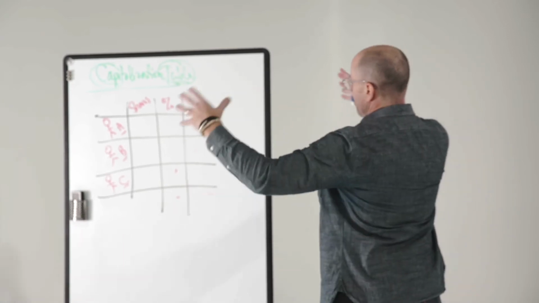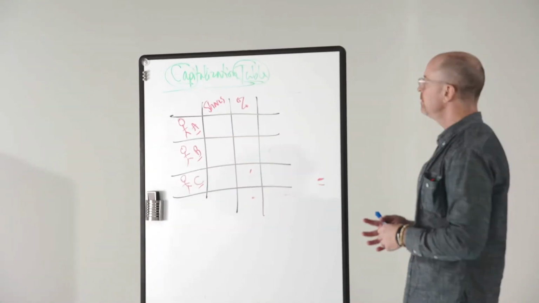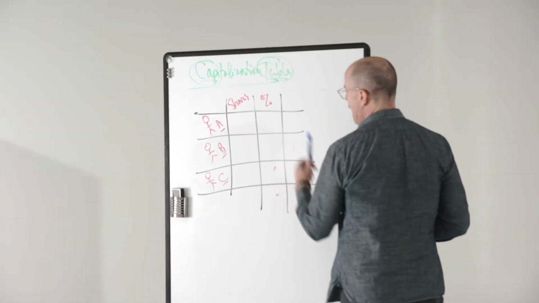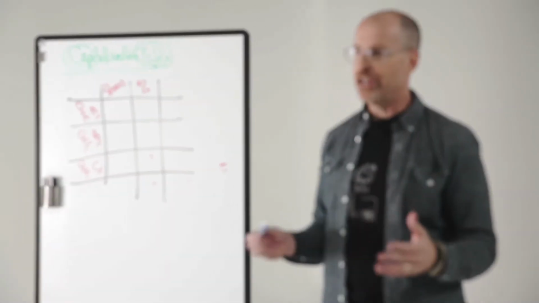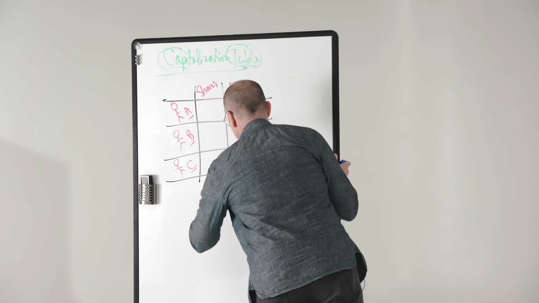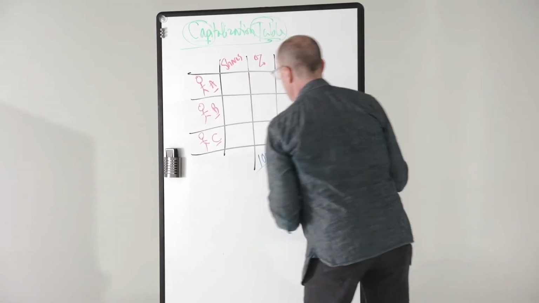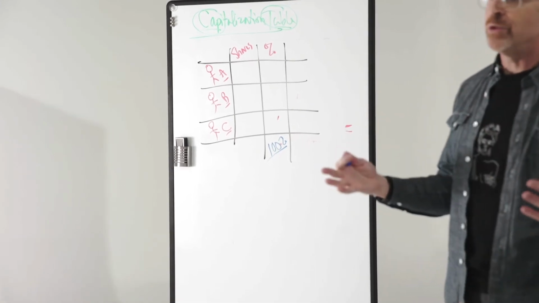But once we get through the big picture stuff and we're starting to drill down, the first question I will ask is, talk to me about the allocation of ownership. Who owns what? Because these percentages always need to add up to 100%.